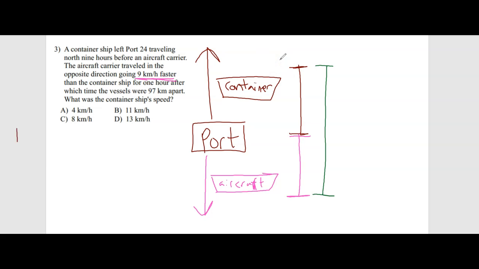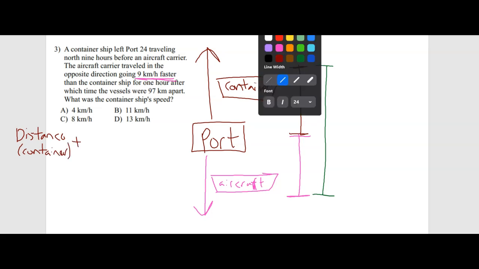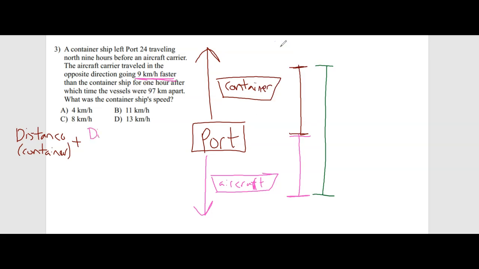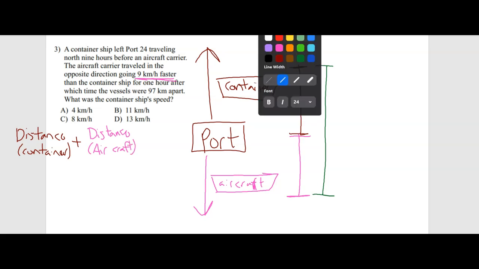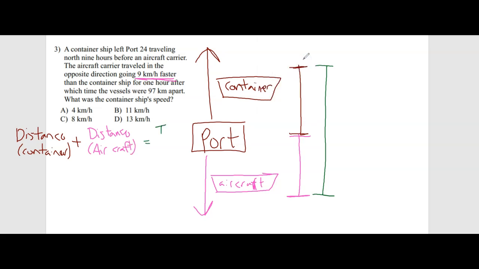So distance of the container ship plus the distance of the aircraft carrier equals the total distance apart.